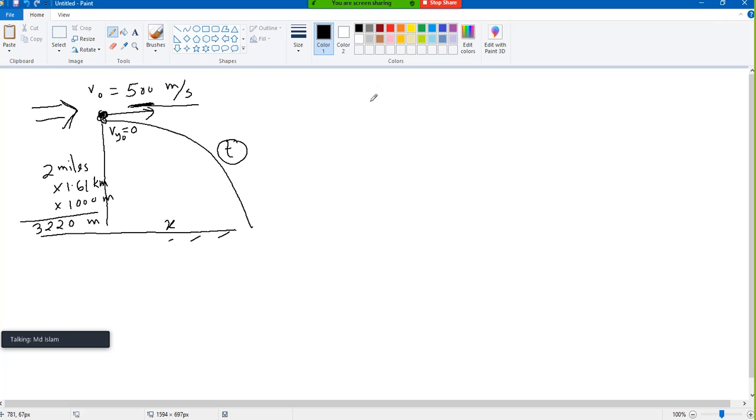We know one equation is Vy equals Vy naught minus Gt. Or say plus; discard the sign, we will talk about sign later. Another equation is h equals Vy naught t plus half g t square.